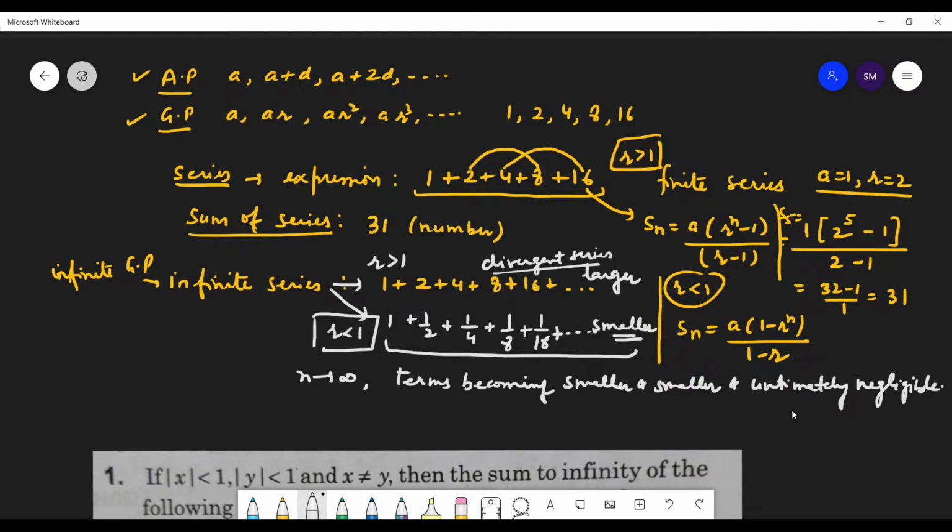So whether you add them or not, it doesn't matter because they are so small.